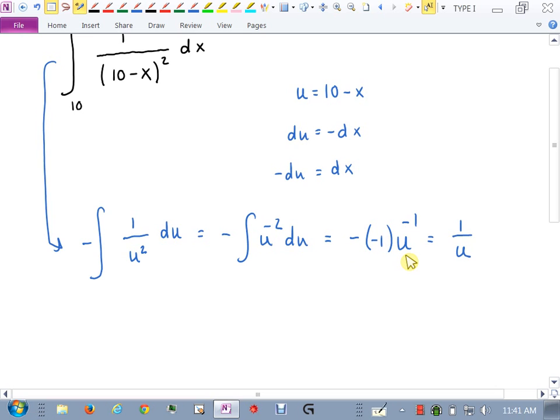And now switch back. U was 10 minus x. So the antiderivative of this, do y'all agree, is this?